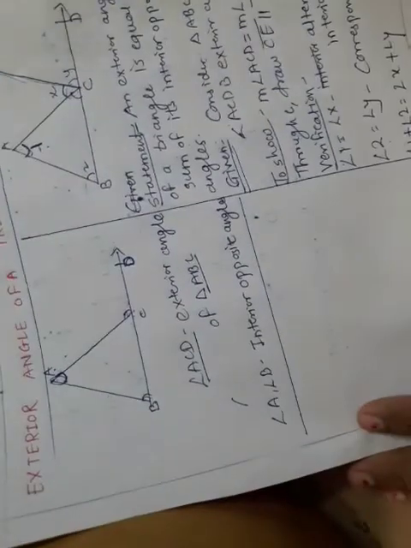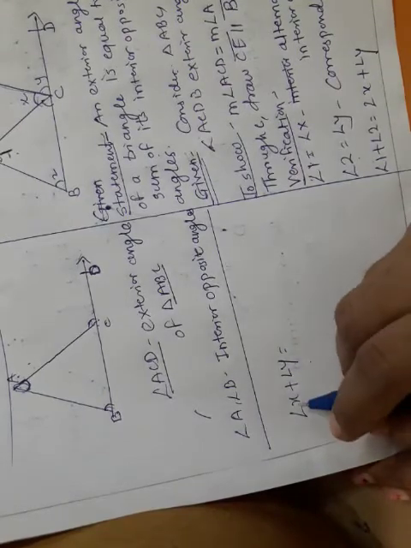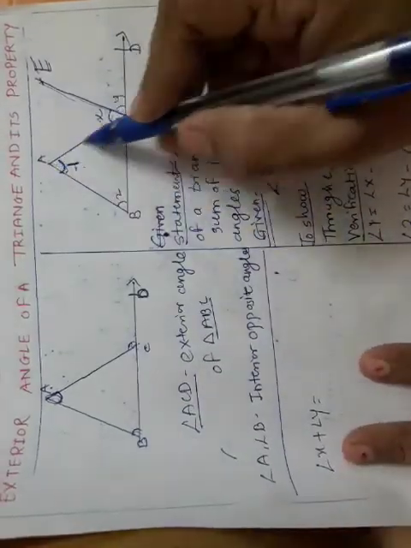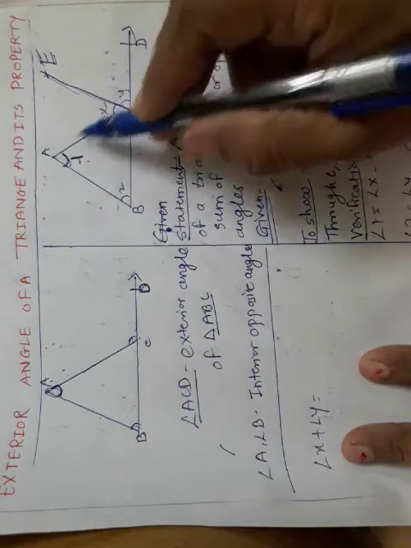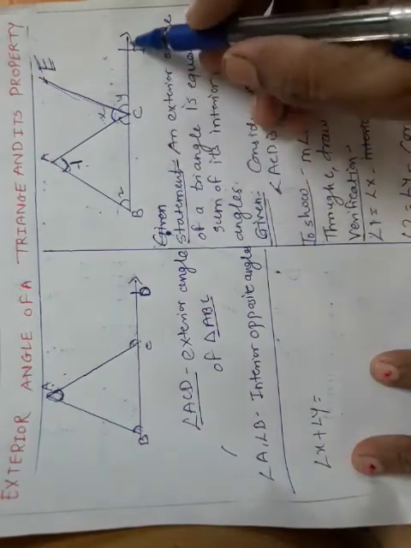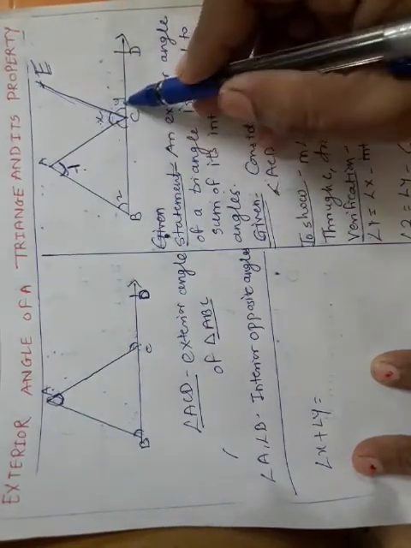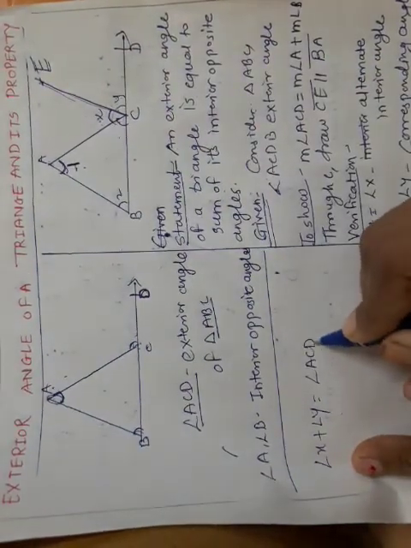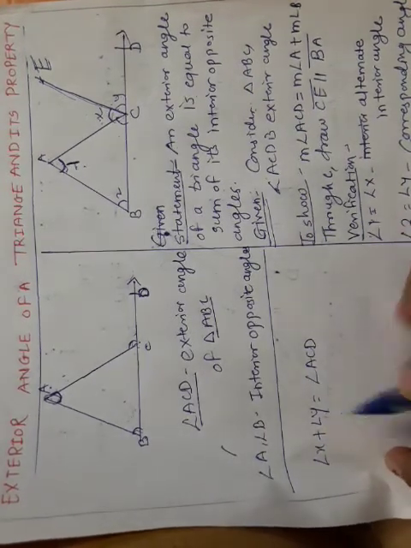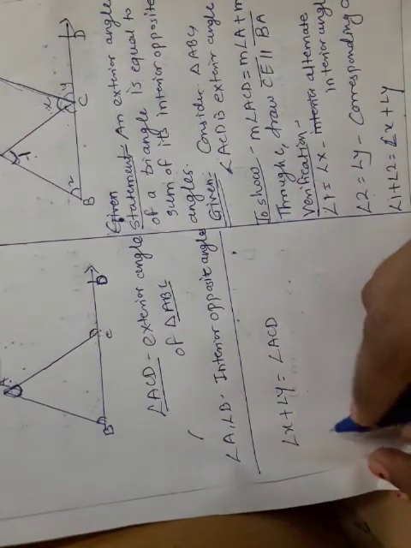But angle X plus angle Y is equal to what? See, angle X and angle Y are adjacent angles, so the addition of these adjacent angles will be angle ACD. The measure of angle ACD is equal to angle X plus angle Y. Now we put this value of angle X plus angle Y into this equation.